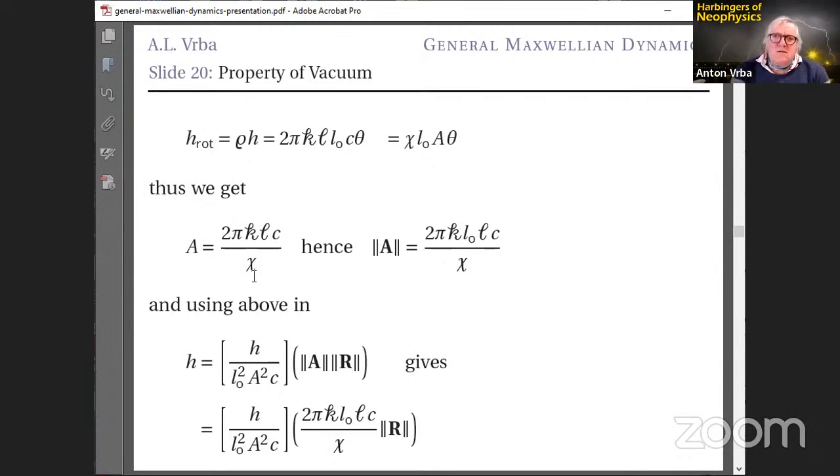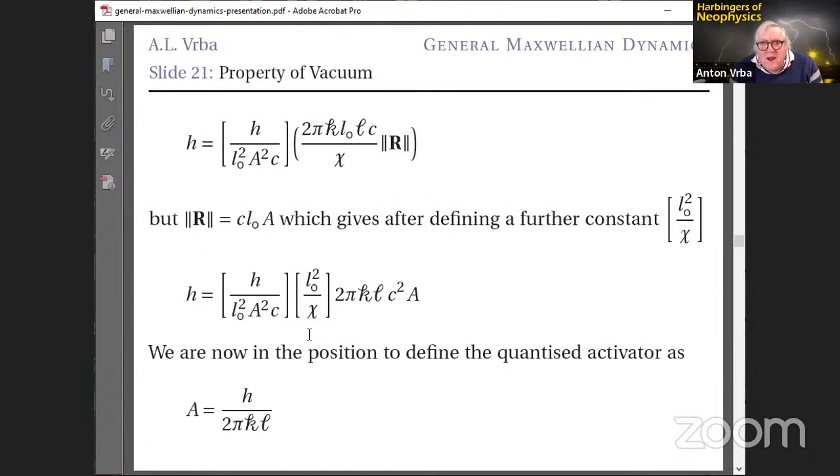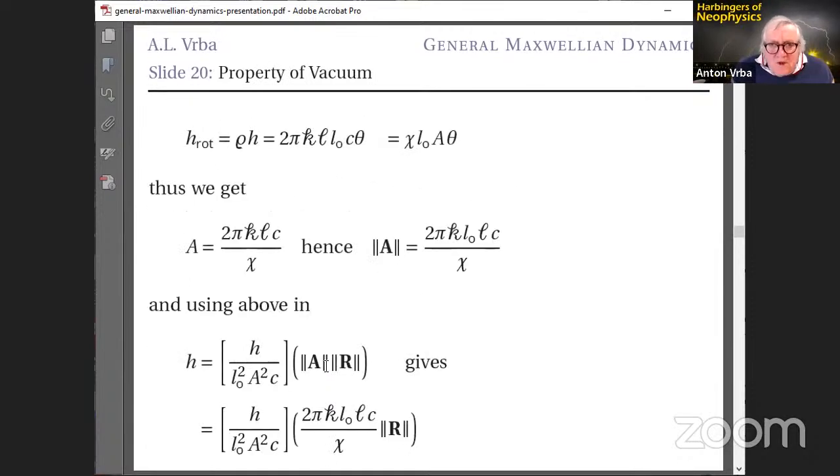Chi is some constant that we need to make the top equation equal. And using the above, we had this equation earlier, and we replace this part here.